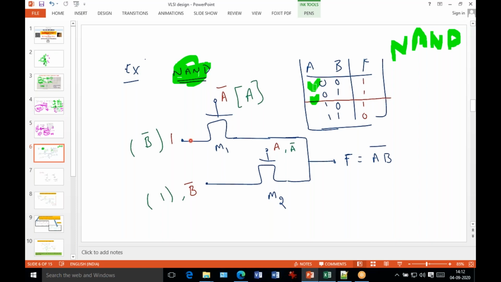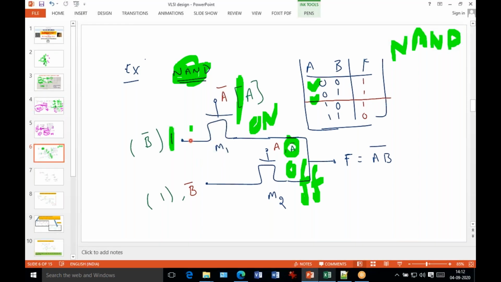So now in this case, I put 0. My input is 0. So here, if it is 0, this is 0, and this is automatically 1. So here this is on, but this is off. So here my input is B. This is 1.